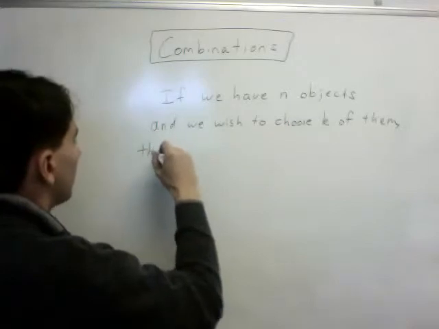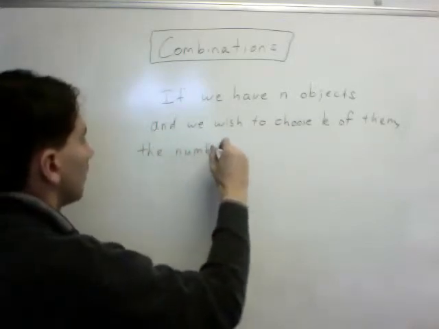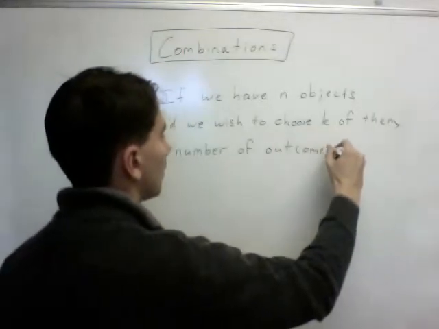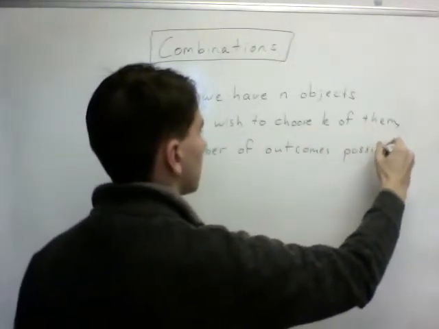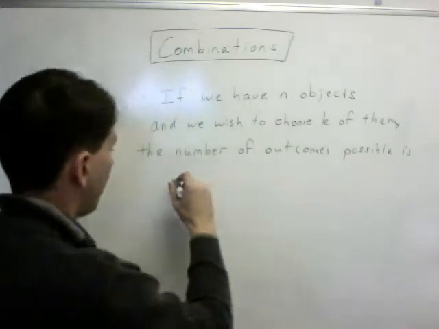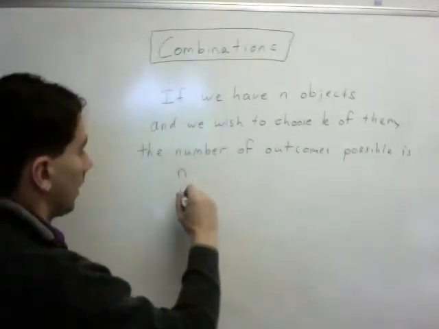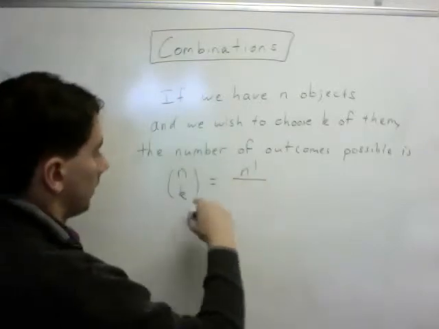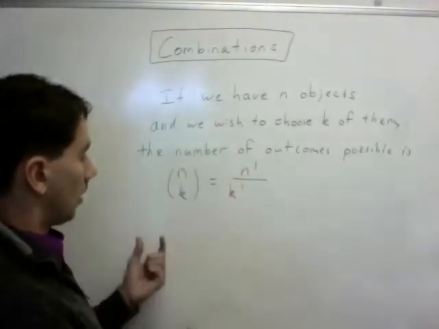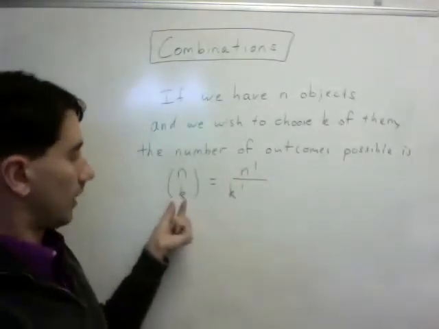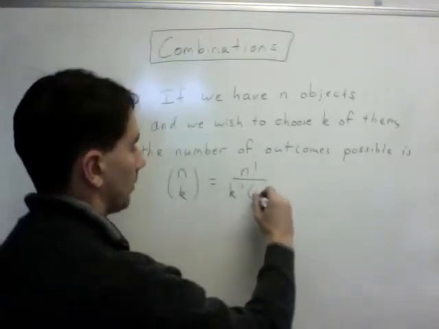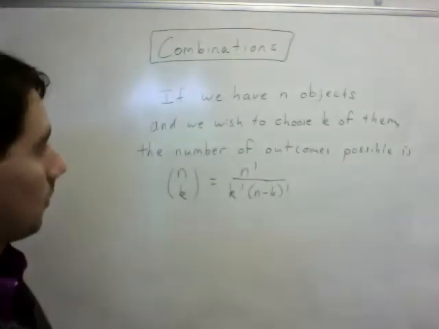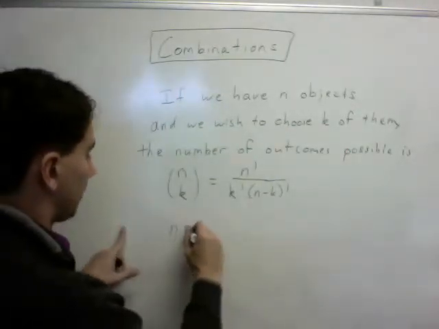The number of ways, or let's say number of outcomes possible, is, and we make it the special symbol, n choose k, which is n factorial over k factorial ways to permute the k elements we did choose, and then n minus k factorial permutations of the elements we did not choose.